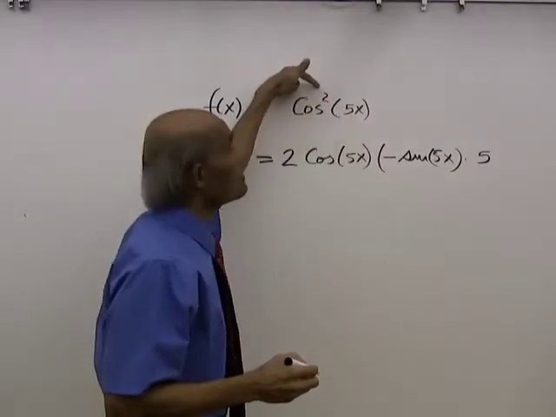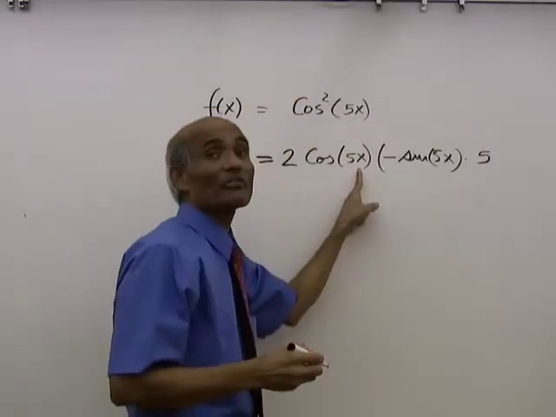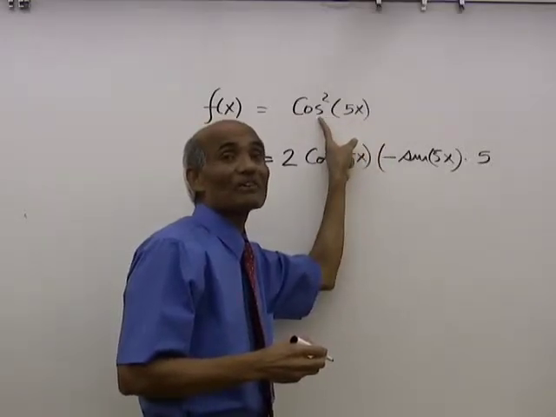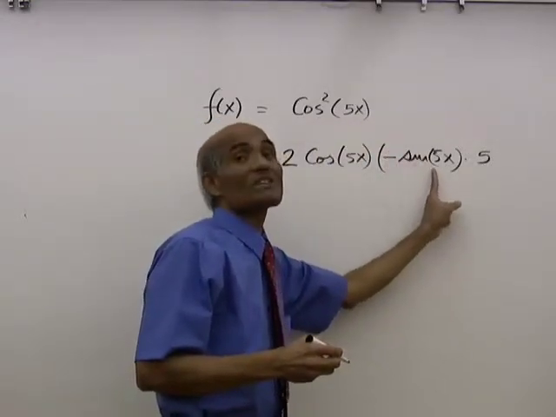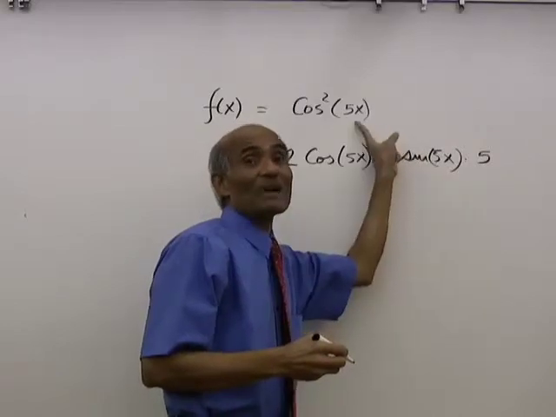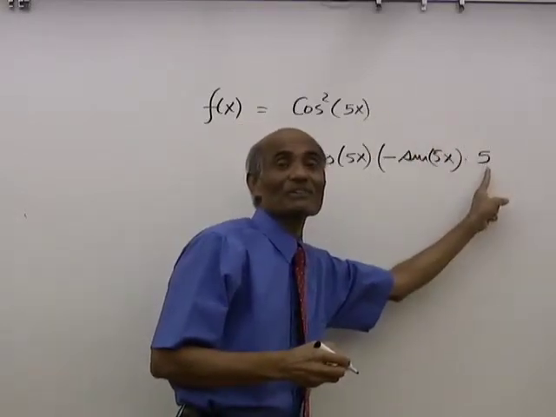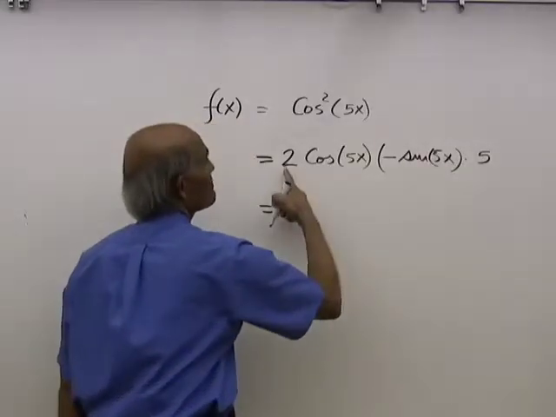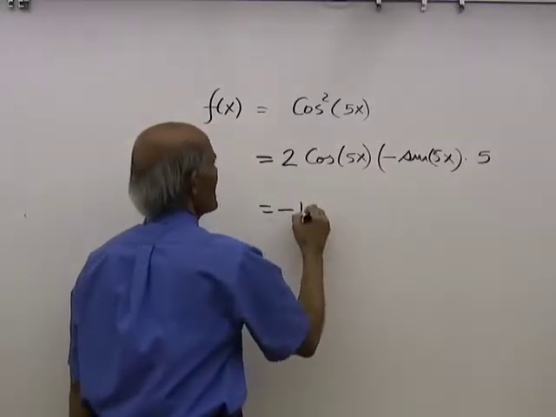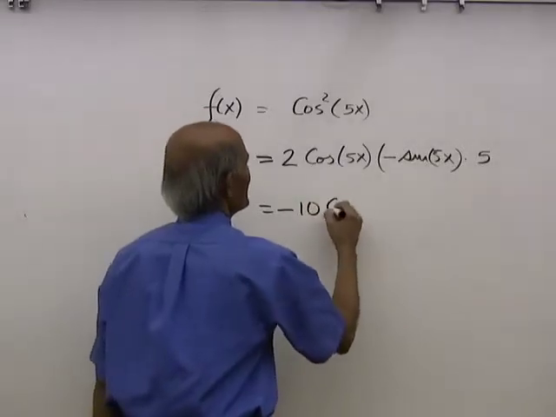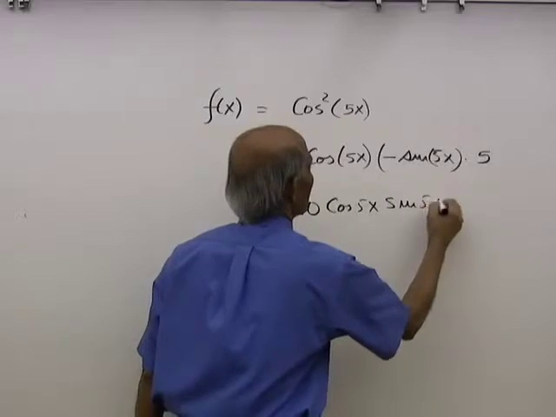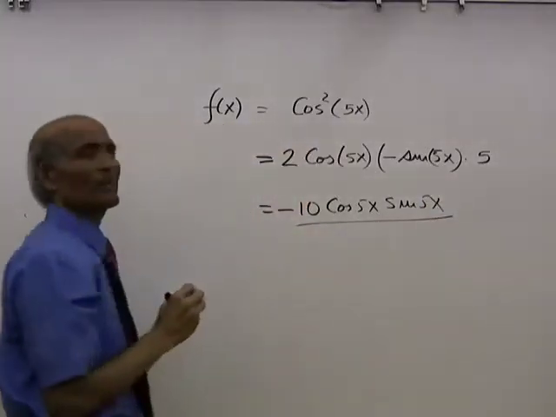The derivative is 2 cos 5x times the derivative of cos 5x, which is negative sine 5x times the derivative of 5x. And what is that equal to? That would be 5 times 2, 10 with its negative sign, negative 10 cos of 5x sine of 5x. That is the result there.